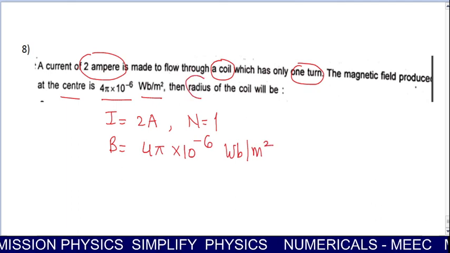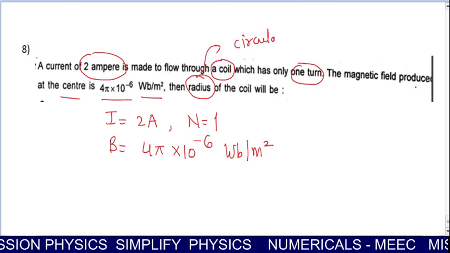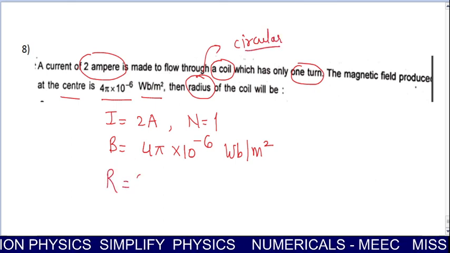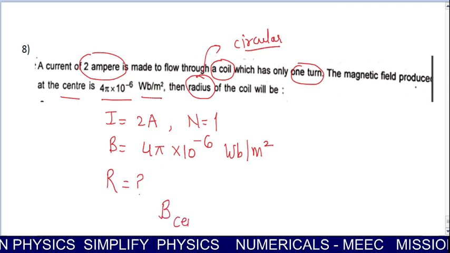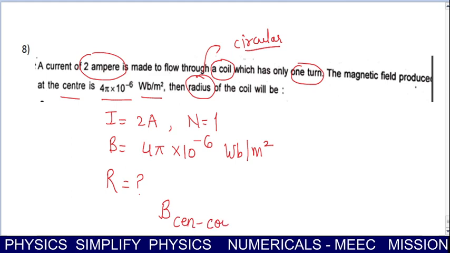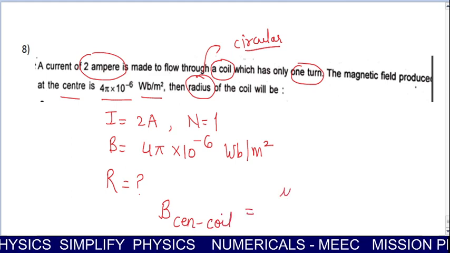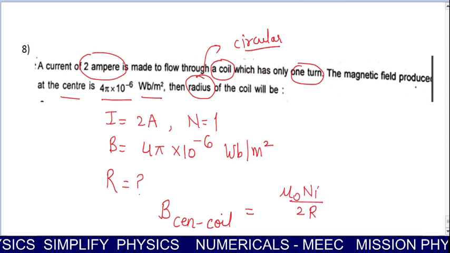Now this word radius shows that the shape of the coil will be circular. So we have to find the radius of the coil. So we will be applying the formula for the magnetic field at the center of a circular coil, which is equal to μ0 N I divided by 2R.